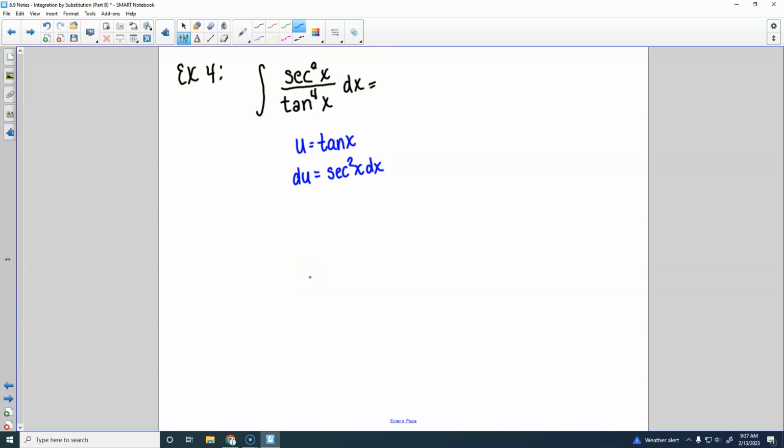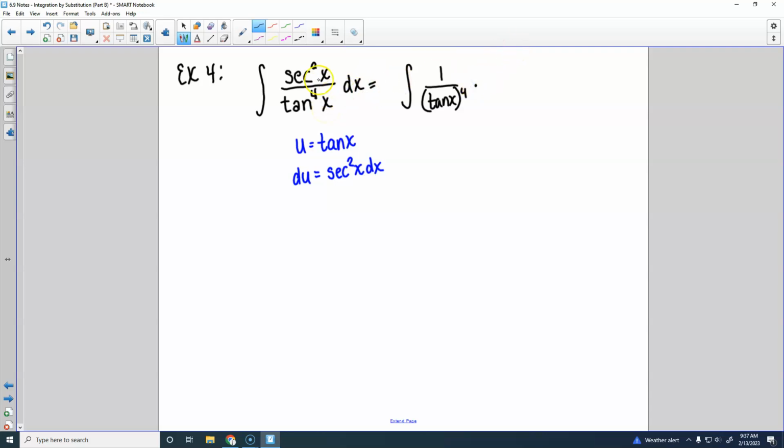So we're going to have to do a little bit of manipulation on this, but we have our u and du here. So I'm going to rewrite it this way. Whenever I have a fraction, I could split it apart and do 1 over tangent. I'm going to write it this way: tangent x to the fourth power, because that's what that means, and that helps me visualize my u a little bit more.